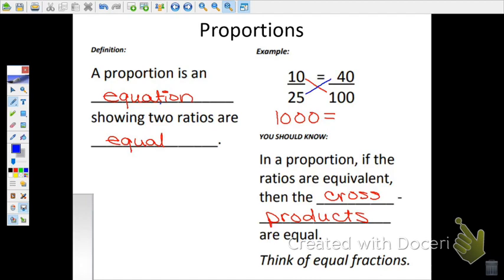What's 25 times 4? 100 times 10 is 1,000. So if the ratios are equivalent, if my fractions are actually equivalent, then my cross products, when I cross multiply, would be equal, which is what I see there.